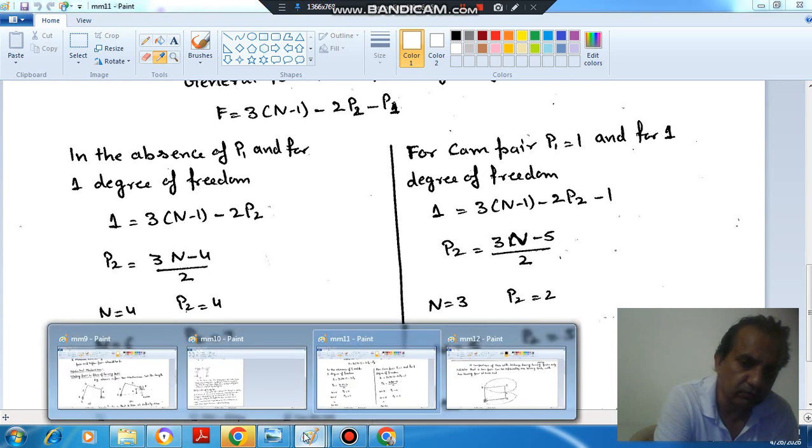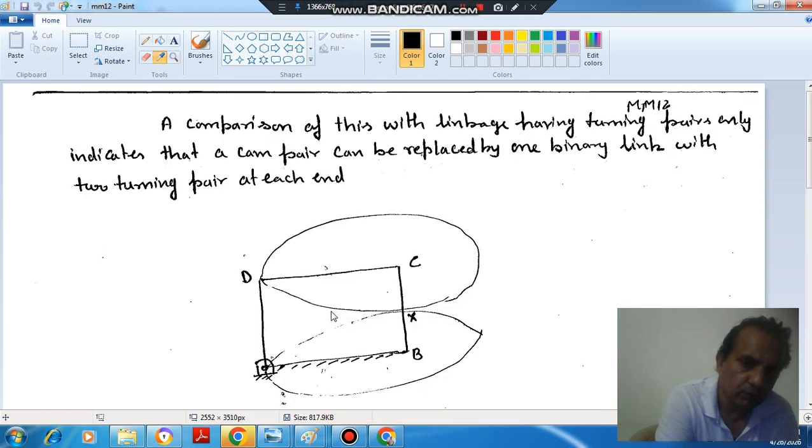This can be understood by this diagram also. Suppose we have a 4-bar mechanism. This is your A, B, C, D. Now in place of this AB, we place a gear or cam like this, and in place of this DC, we can put this.